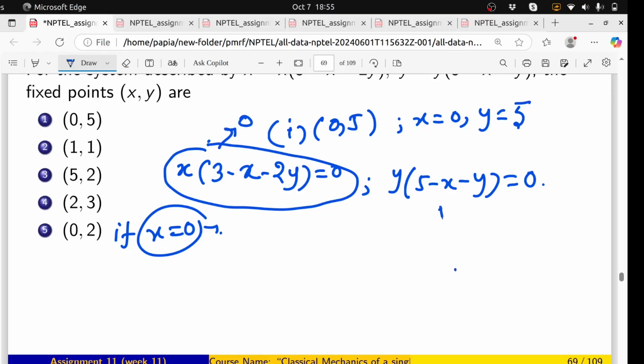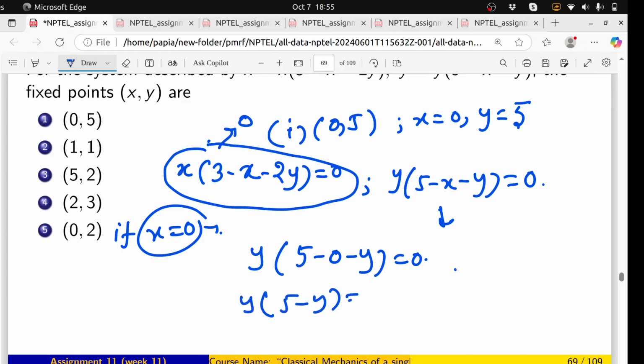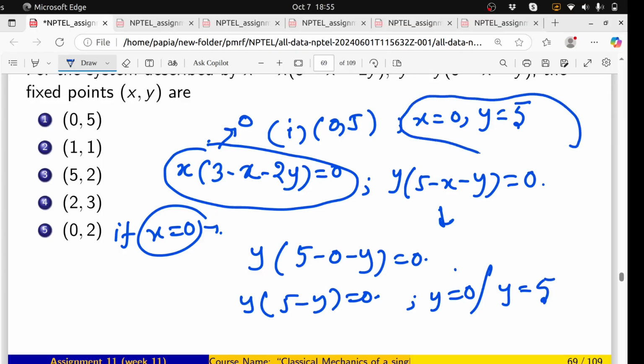But if I put that into the second equation, then what will be the answer? 5 minus 0 minus y equals 0. So you can see 5 minus y equals 0. So either y equals 0 or y equals 5, and it is showing that y equals 5, that is fine. So my first option is correct.